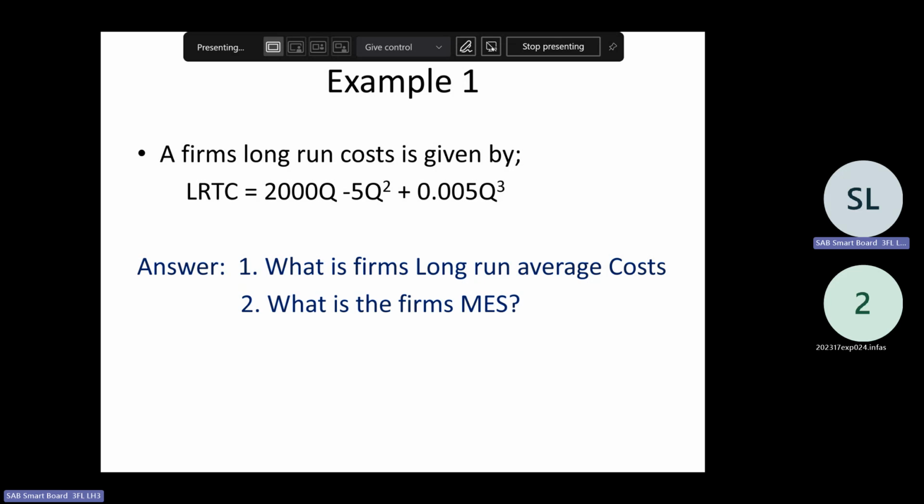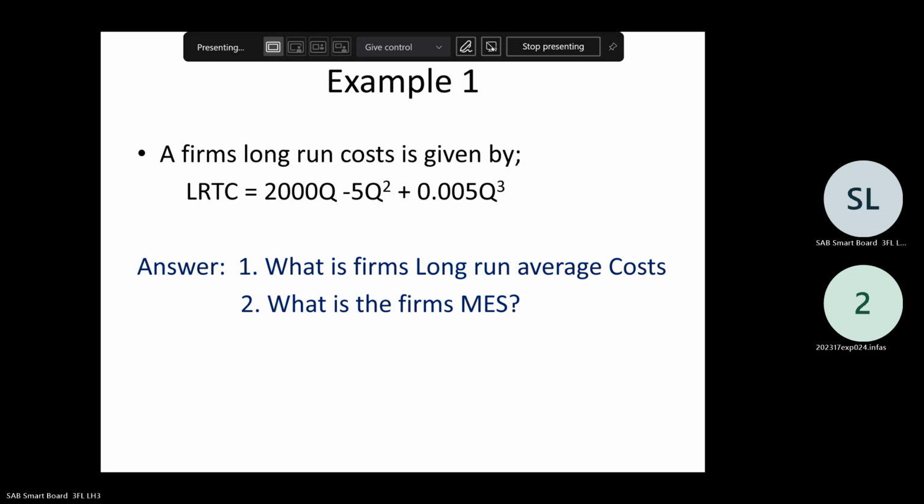The minimum efficient scale of the business is the long run average cost minimizing output level. That is the minimum efficient scale. We find the output level which minimizes the long run average cost.